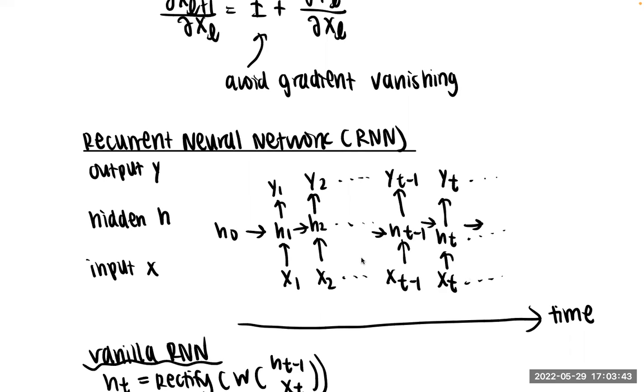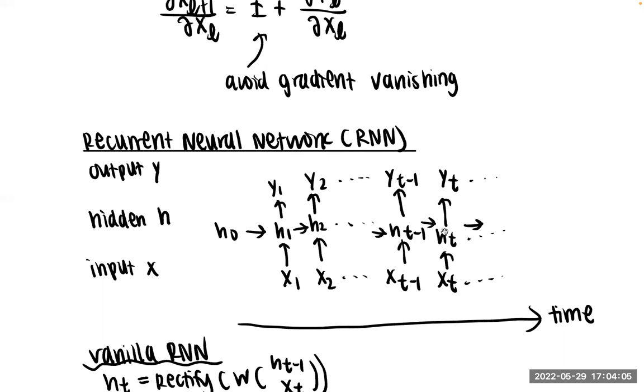So the one limitation of this recurrent neural network is that HT collects information from the past only through this path. So it has to get information from HT minus 1, and HT minus 1 has to get information from HT minus 2, and so on. So you have to relay the information, pass a message over time.